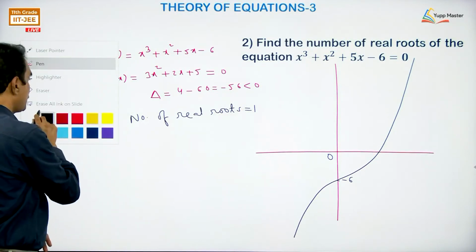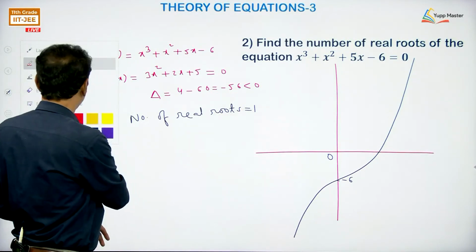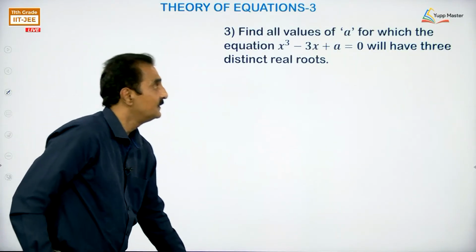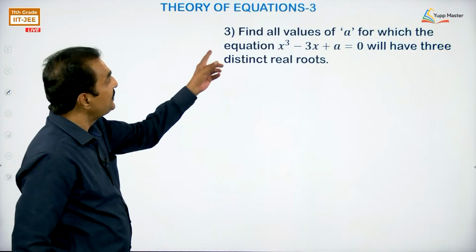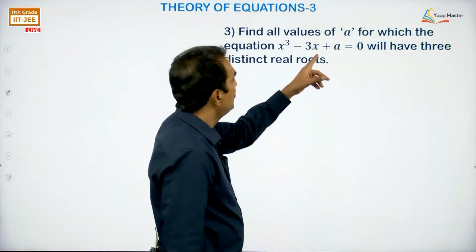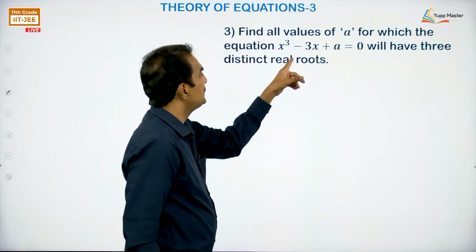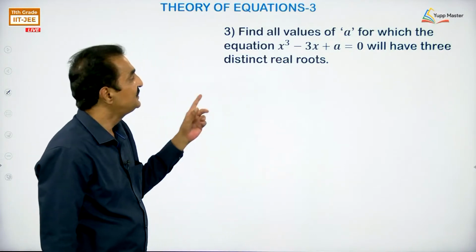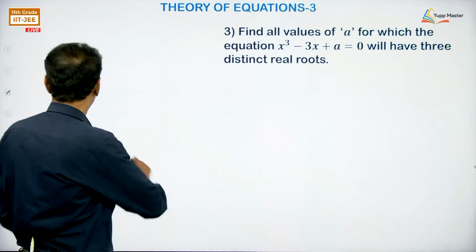Next question. Find all values of a for which the equation x cube minus 3x plus a is equal to 0 will have 3 distinct real roots.